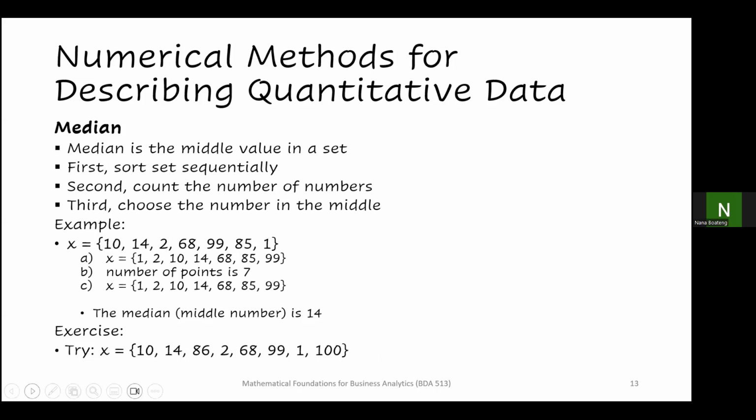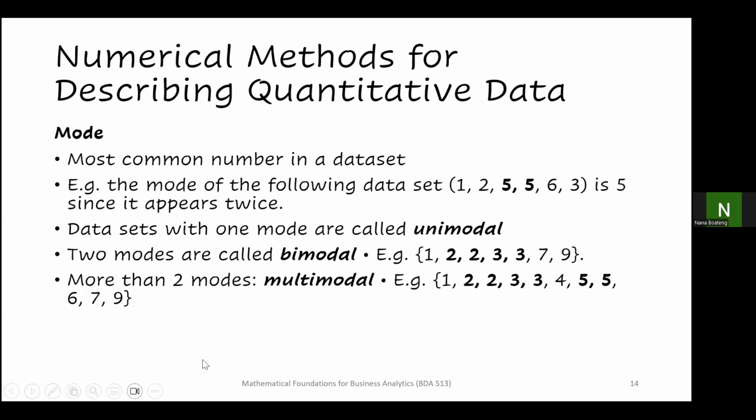Good. So let's look at the mode. The mode is the most common number in the data set. So the mode of the following data set: you have 1, 2, 5, 5, 6, 3. Here the most common number will be 5, isn't it? Because it appears twice.